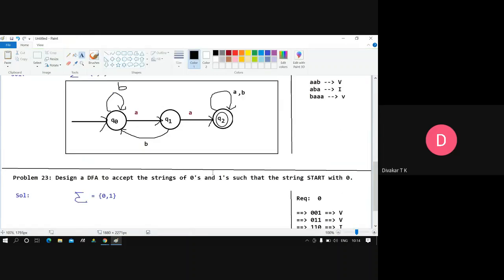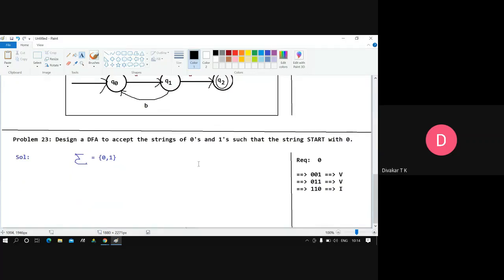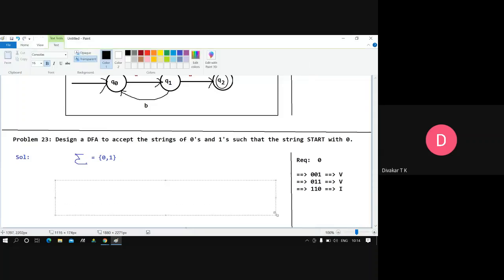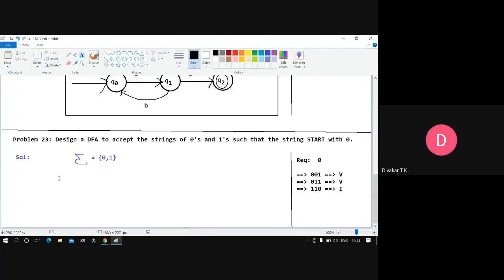So now, yeah, one second. Okay, you can mute. Then I'll ask question for others. Naveen, now you know the requirement, no? What is the requirement here? 0. Now, how many states am I supposed to take here? 2, sir. 2 states, sure?